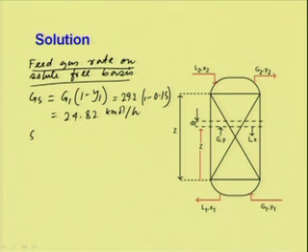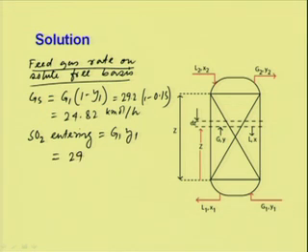And the entering SO2 is equal to G1 y1, which is equal to 29.2 into 0.15, which is 4.38 kmol per hour.